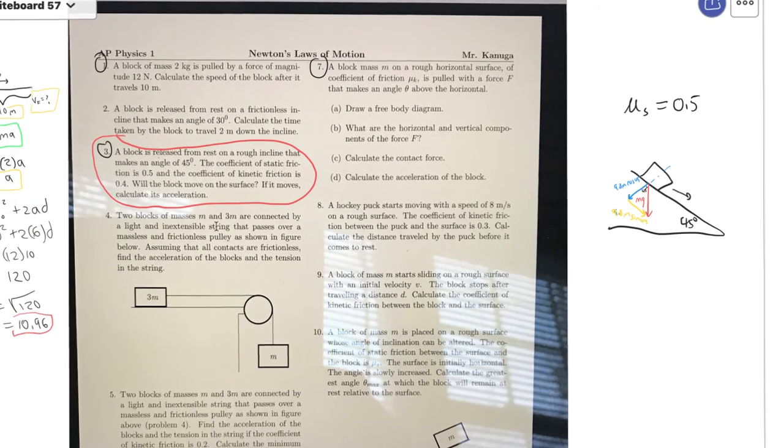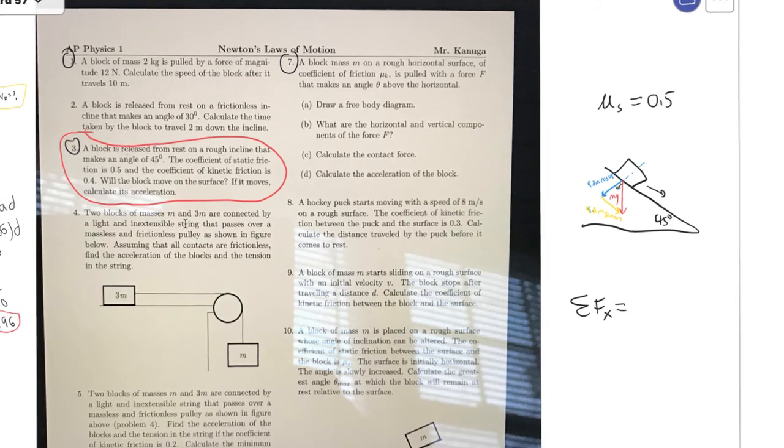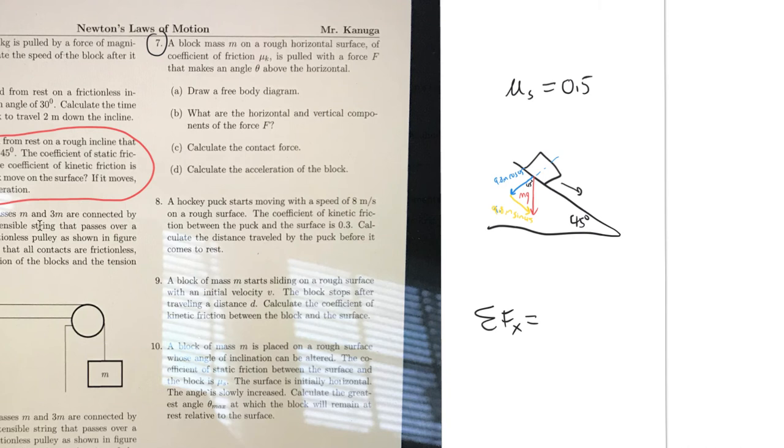So, will the block move, and if it moves, calculate the acceleration. Well, the net force down the hill is going to equal that yellow 9.8 m sine 45 thing, okay?